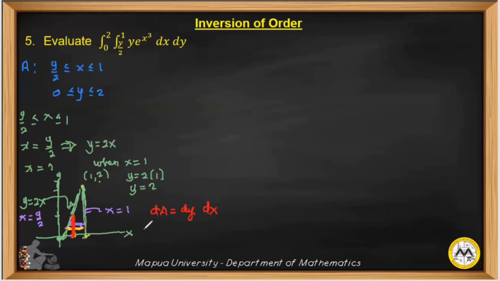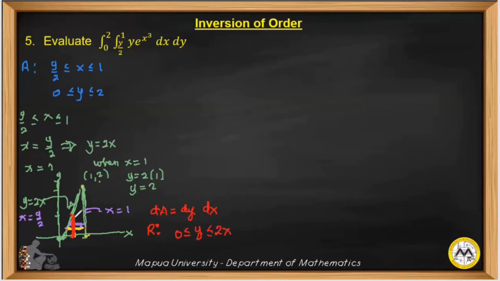If we write the region R in the order dy dx, y will go from 0 to the upper, and the upper is determined by the line y is equal to 2x. So y will go from 0 to 2x.